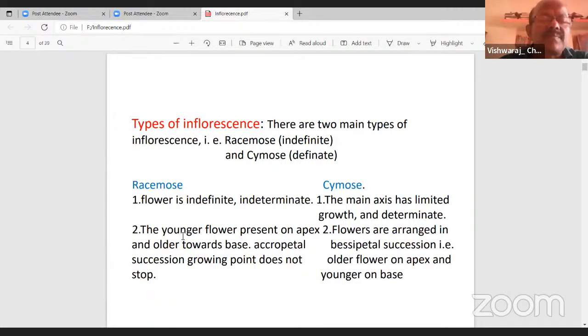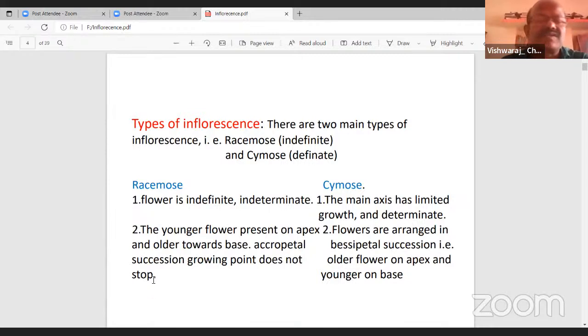Second point: the younger flowers are present on the apex and older towards the base. This position is called acropetal succession.